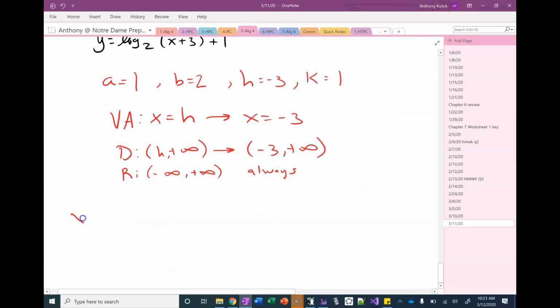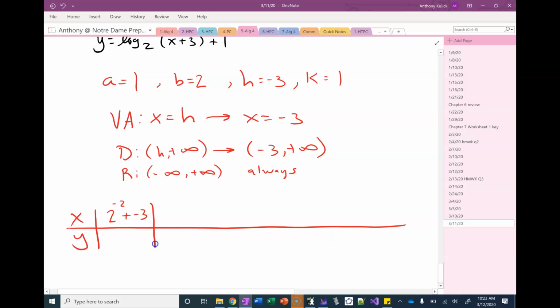Now let's make an XY table. So I have b to the -2 plus h, b to the -1 plus h, b to the 0 plus h, b to the first plus h, and b to the second plus h.